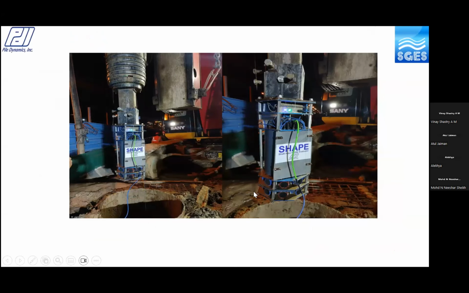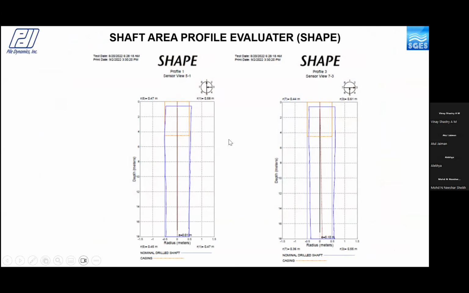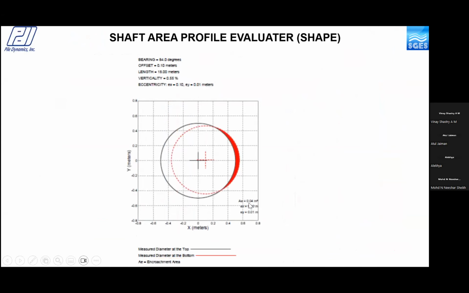So we also commissioned this in several infrastructure projects, metros, and some port projects. What you see around the periphery are the radial sensors at different cross sections. You can get the shape of the pile borehole, and more importantly, the eccentricity of the borehole itself. The offset divided by the length of the pile is your eccentricity.